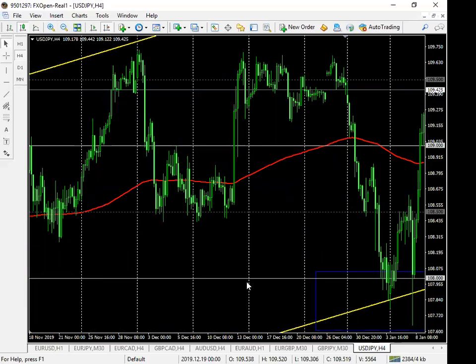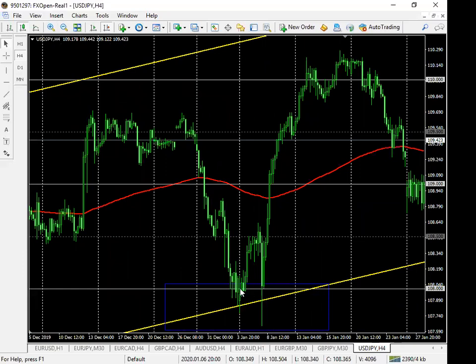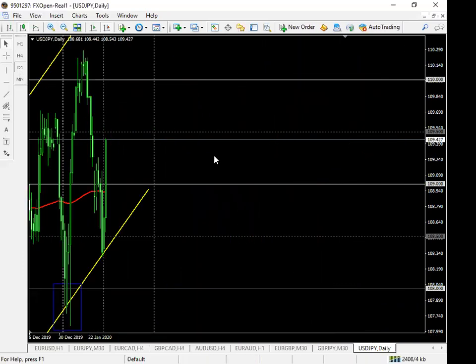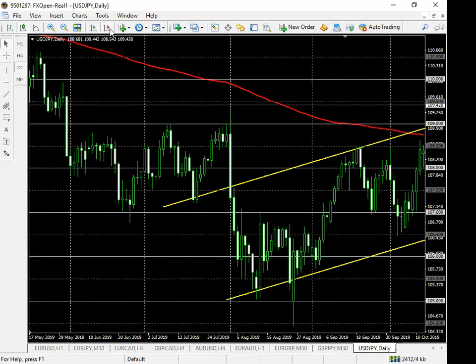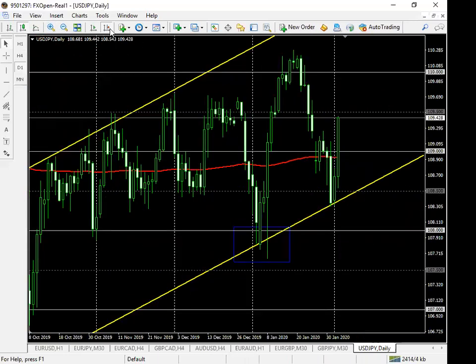Okay. All right. So on the 4-hour, we can see that the market actually did close just below that 10800 zone. But on the daily time frame, that candle doesn't look as convincing as it would, let's say, on the 4-hour time frame.